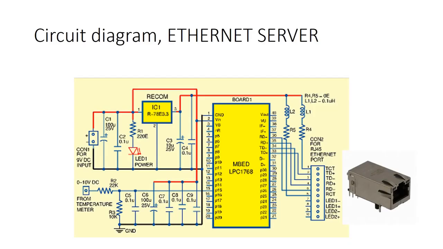Now, how do you design the hardware? When you use the LPC1768 chip, it has the hardware ports for Ethernet, but you have to buy a magjack connector and connect them like this. This is a circuit.